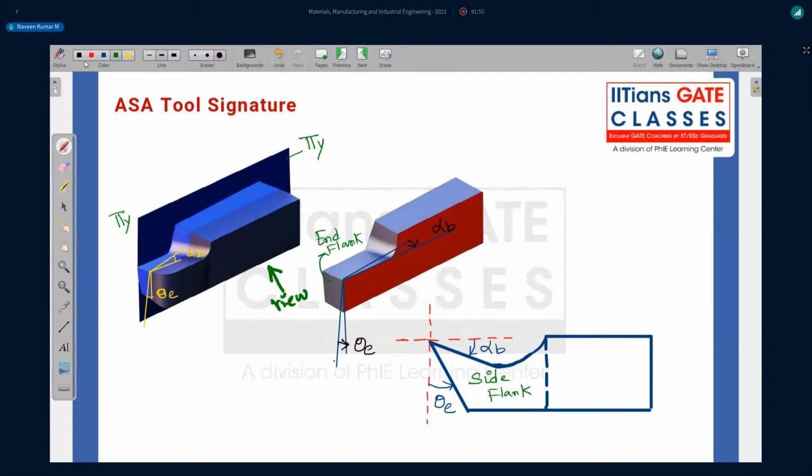These are two angles. One is alpha b, that is back rake angle. Okay, let me write back rake angle. And another is end relief angle.